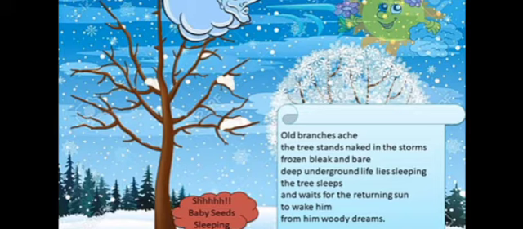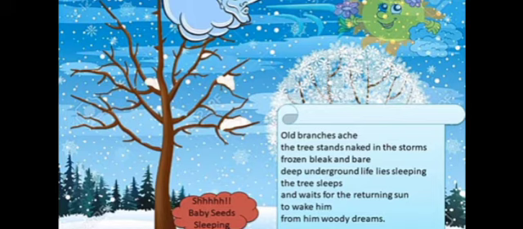Here, in the winter season, there are snow, frost, and storms, and trees are frozen. They are filled or covered by ice. They are naked, as there are no leaves to cover, and the tree lies sleeping underground in its roots, and most of them are covered by the snow, and even the tree is sleeping.